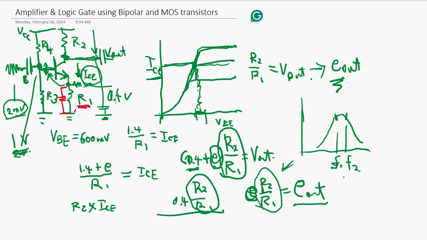So this ratio, actually R1, is going to be in parallel with C, and depending on frequency R1 dash becomes much smaller, so it helps amplify at the higher frequency, and finally drops. So the amplification frequency range increases.